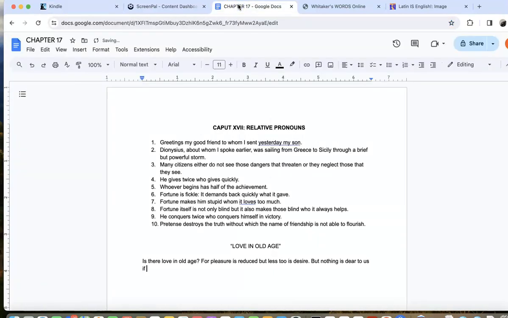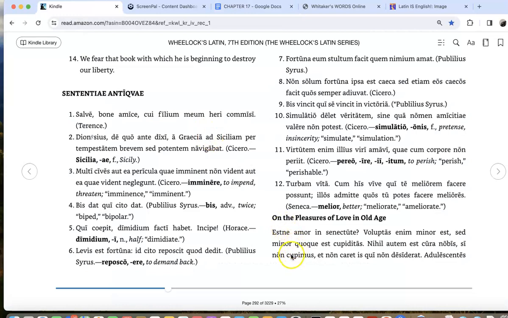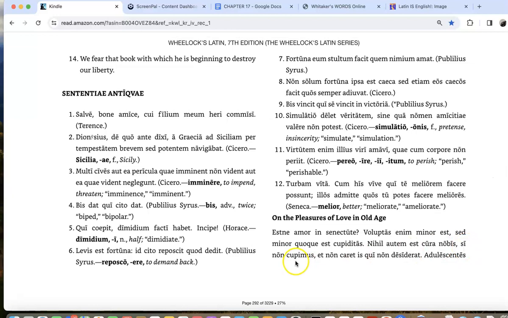But nothing is dear to us if we do, or I guess have no desires. I'm going to change the grammar a little bit and make it like a direct object, but otherwise we just have if we do not desire. So nothing is dear to us if we have no desires.